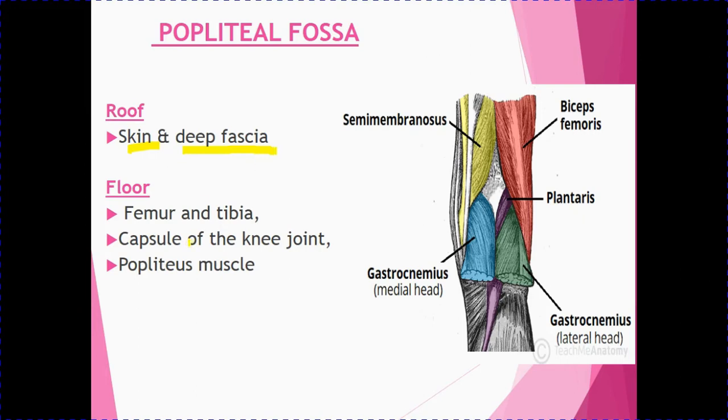The floor is formed by the bones. Superiorly there is the femur. It is behind the knee joint, so there is the capsule of the knee joint, as well as a muscle which is called the popliteus muscle. So the popliteus muscle is also present in the floor of the popliteal fossa.